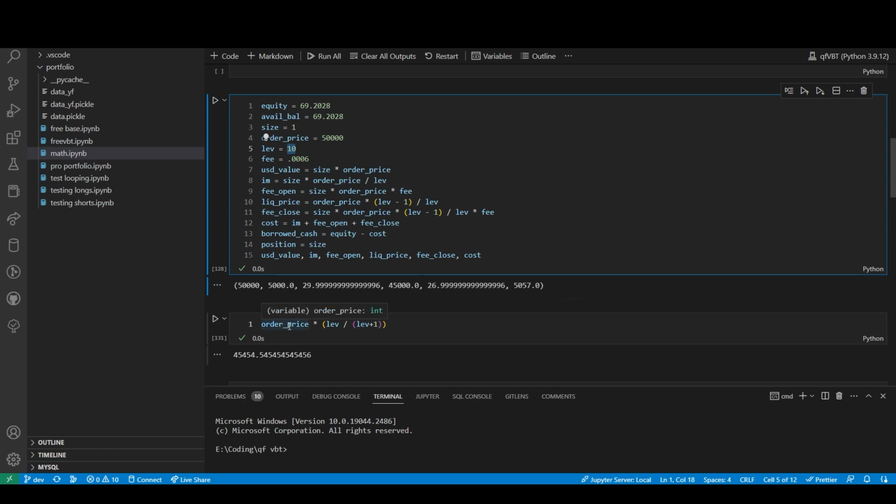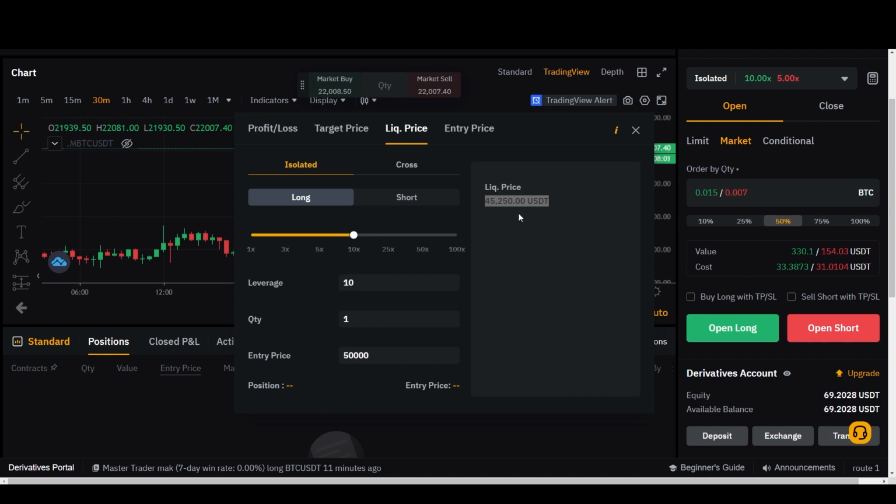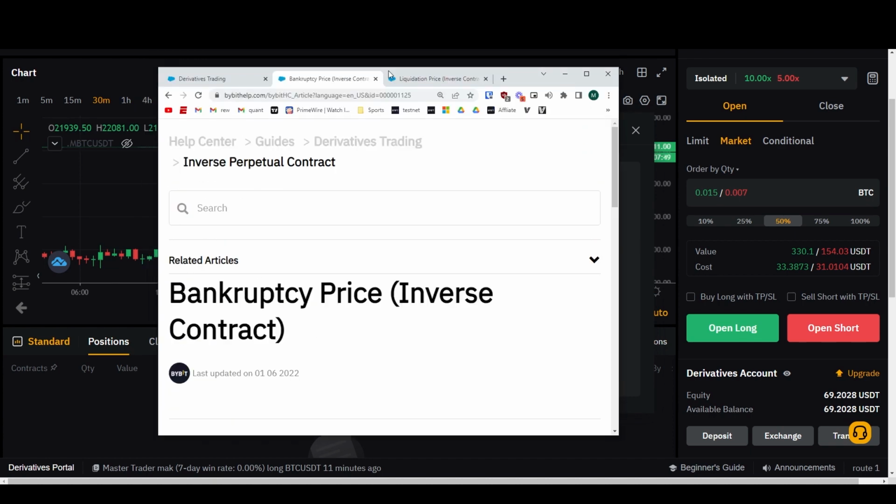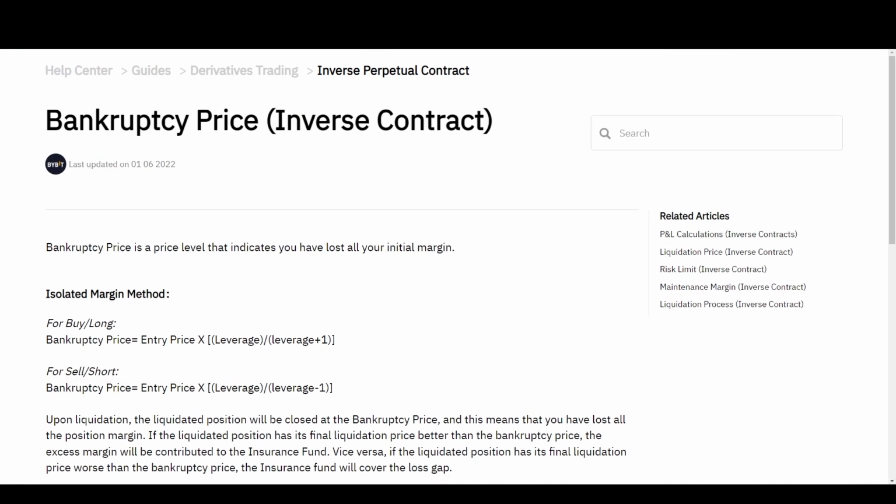Or I can do it the other way, order price times leverage divided by leverage plus 1, which is 45.4545. Both of those answers are not this. What is liquidation price versus bankruptcy price?